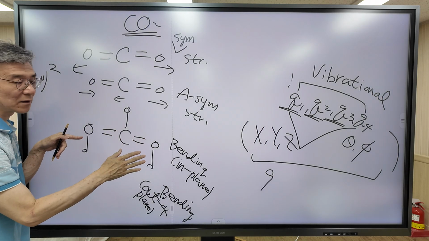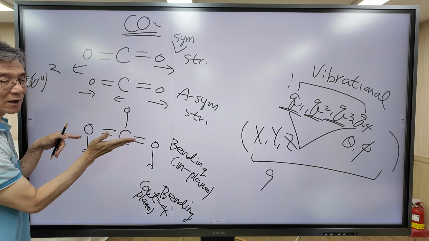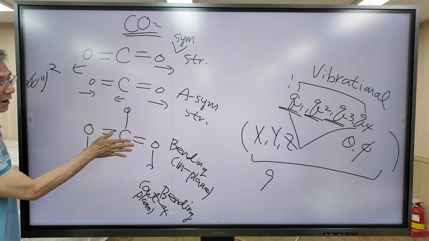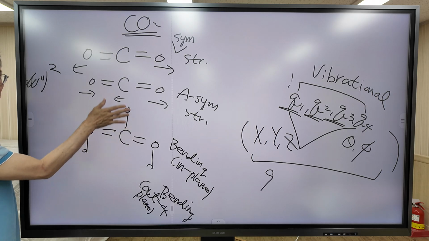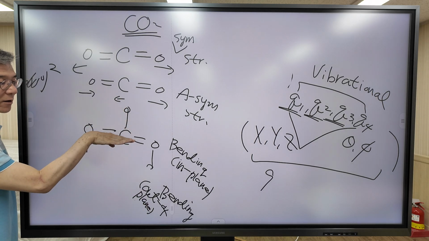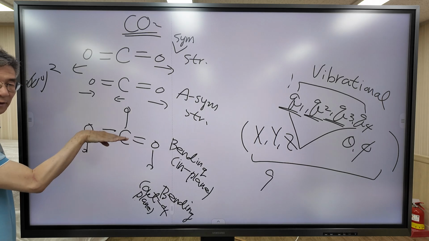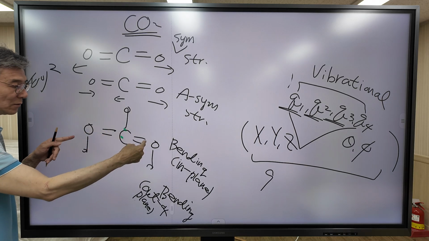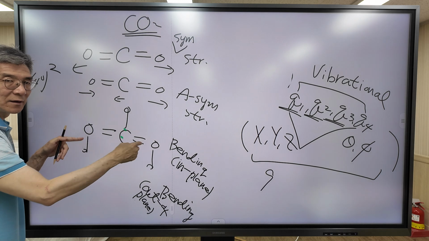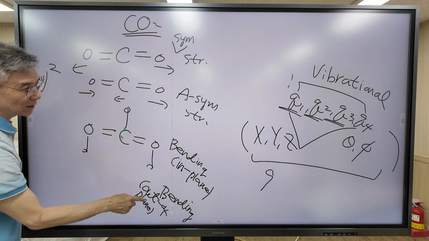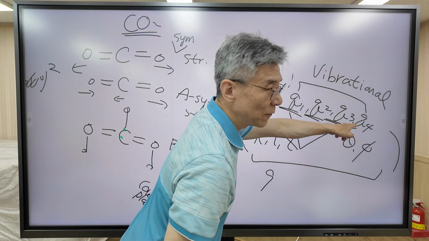Same bending motion, but the movement is different. In in-plane bending, all the atoms move in the plane. In out-of-plane bending, atoms move out of the plane. Same bending, but different direction. This bending is designated as Q4.